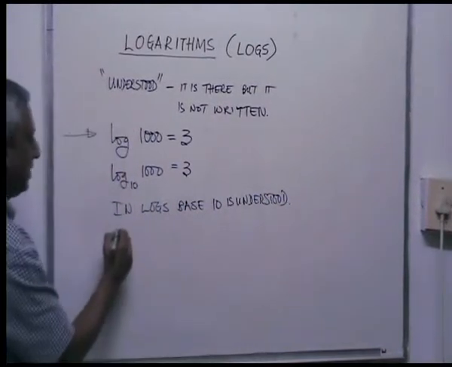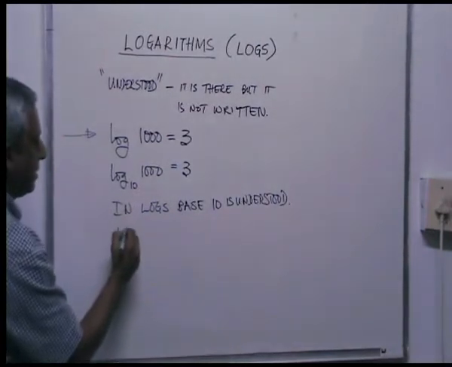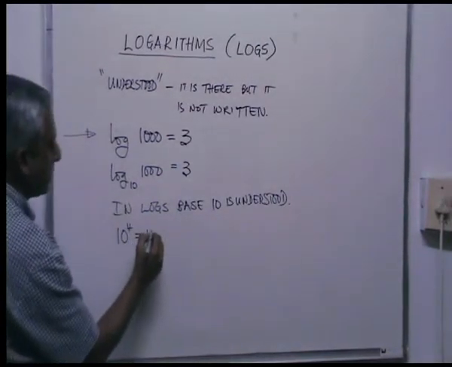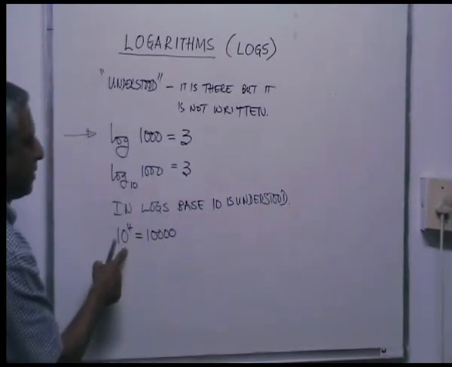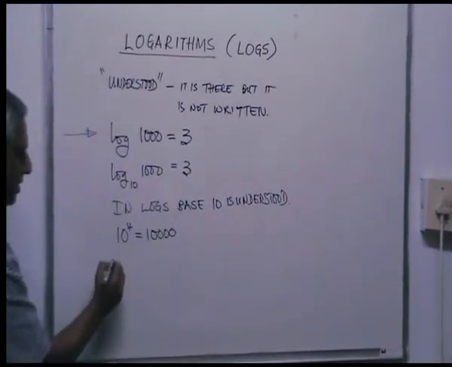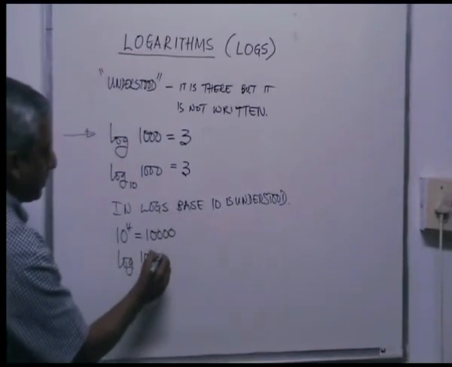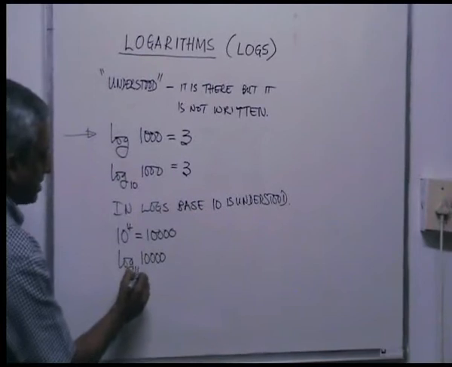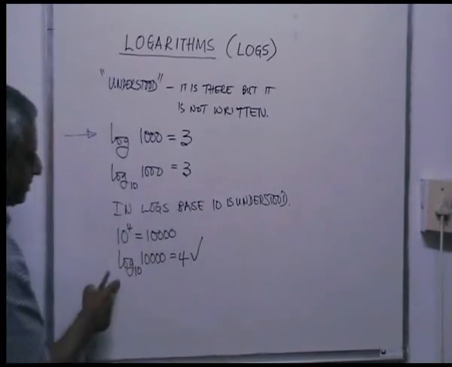So, if I gave you 10 to the 4 is equal to 10,000, and I asked you to write this in log form, your answer will be log of 10,000 to the base 10 is equal to 4. That will be correct.